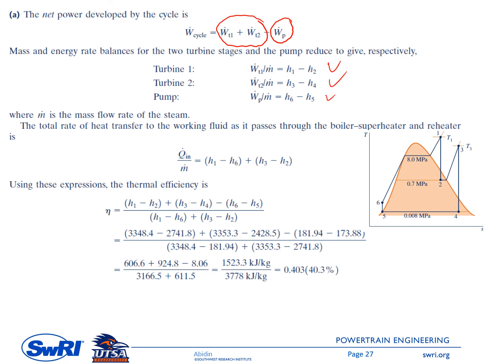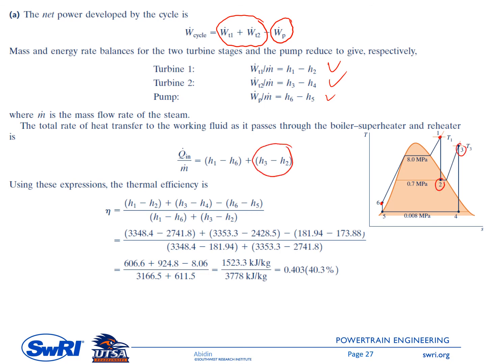And then the total rate of heat transfer to the working fluid is the Q in from the steam generator, so m dot times H1 minus H6. So from 6 to 1 is the process inside the steam generator. And then you have the second Q in, which is the Q inside the reheater. It is used to reheat the working fluid from state number 2 to state number 3.